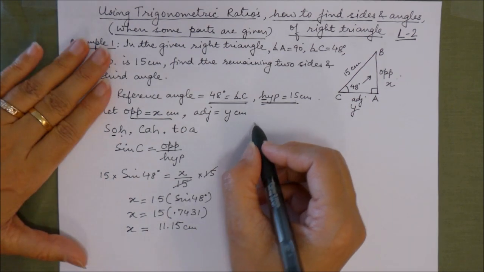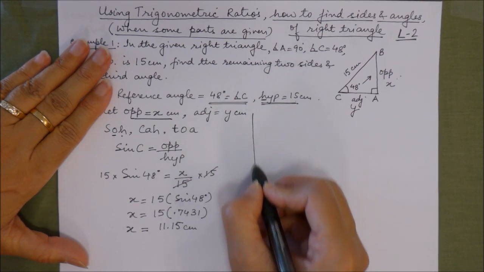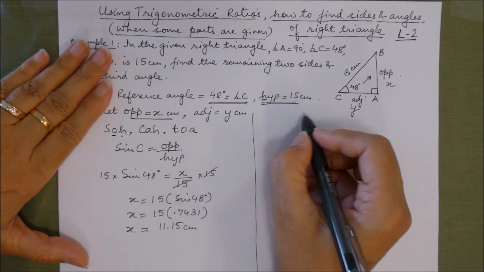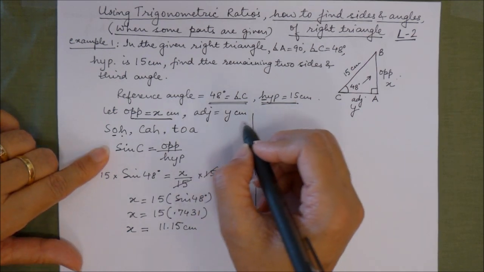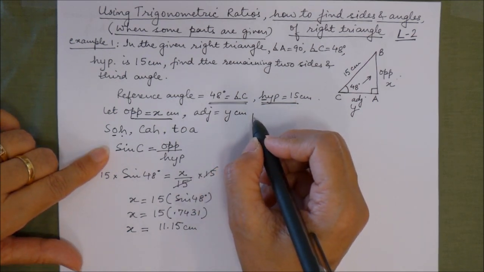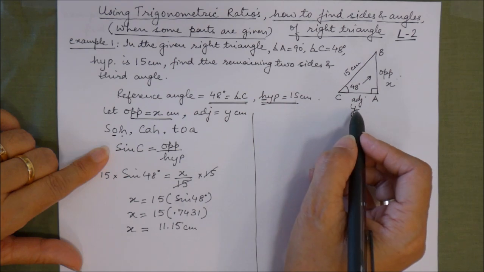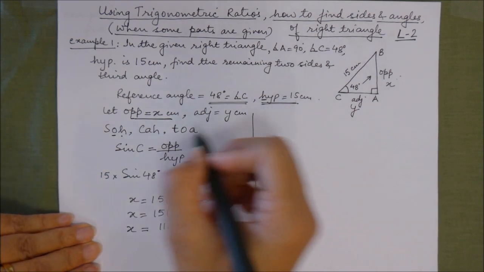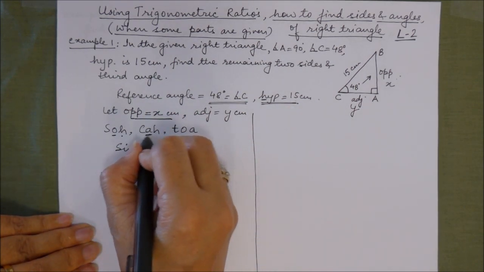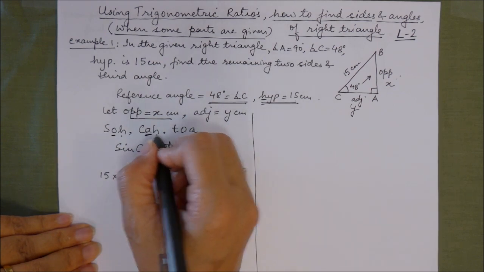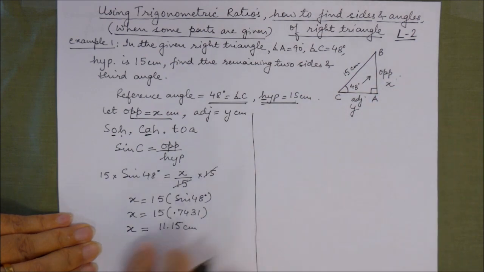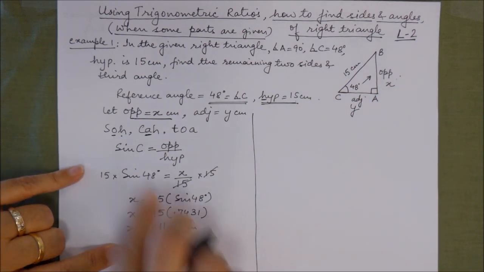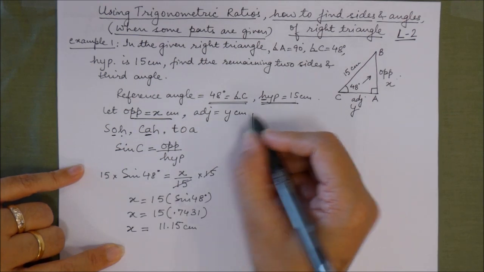Now we have to find the third side. For this we will use the other trigonometric ratio. Which ratio should be used to find the adjacent side? The adjacent side y has to be found and the hypotenuse is given. We will not use the opposite side because it is now in decimal, so we'll avoid it and use the cosine ratio.